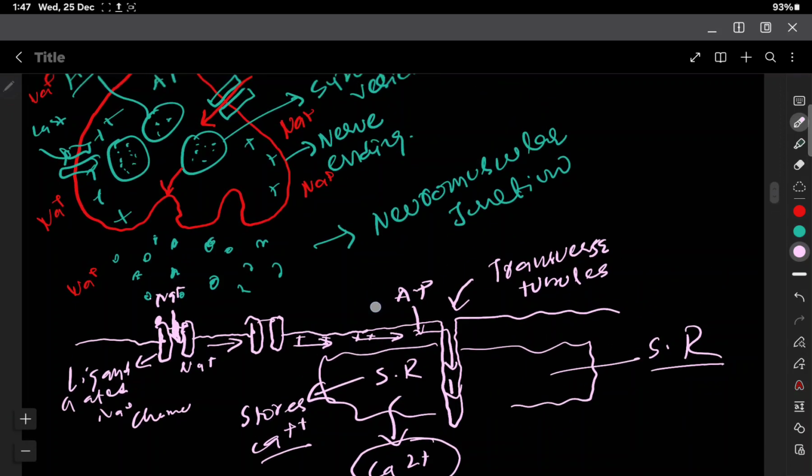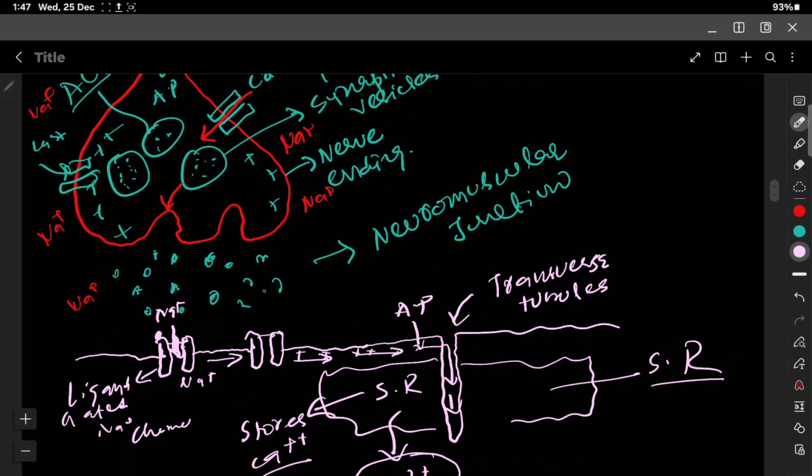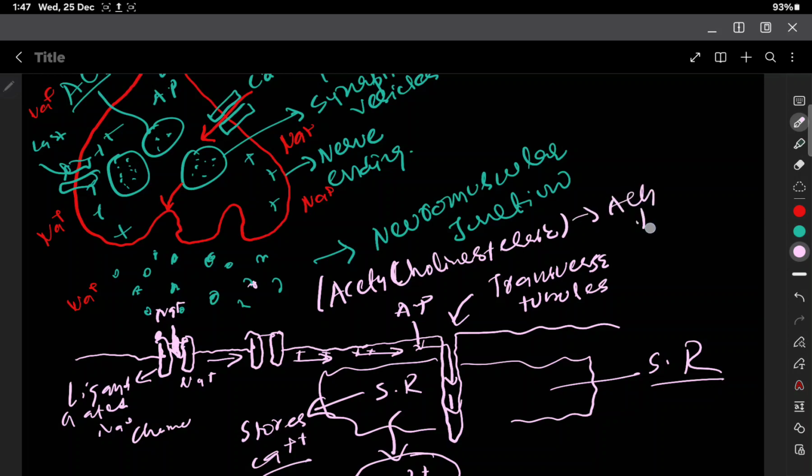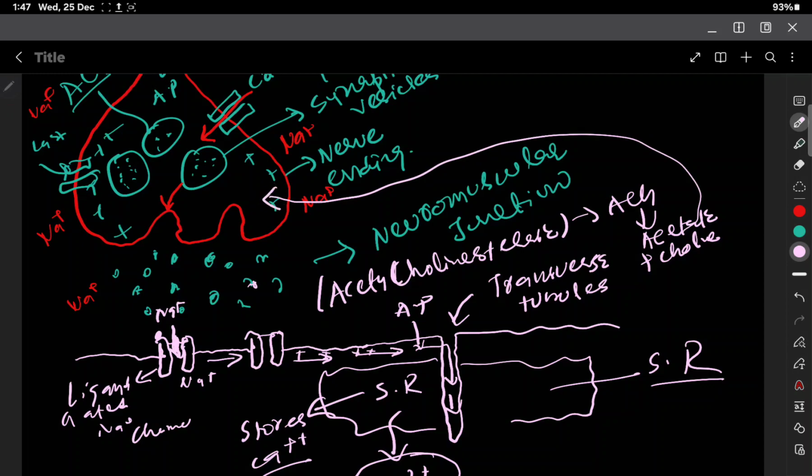One more thing we have to remember is what happens to acetylcholine after it does its function. There is one enzyme here called acetylcholinesterase. It breaks down the acetylcholine into acetate plus choline, and this acetate plus choline then goes back into the presynaptic vesicles, into the nerve ending.